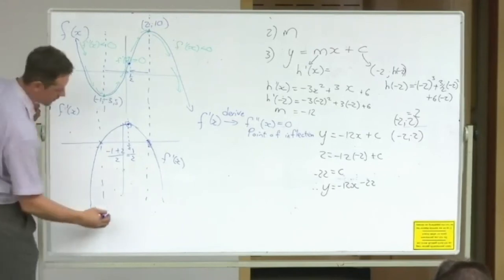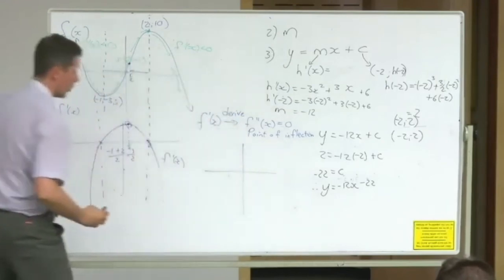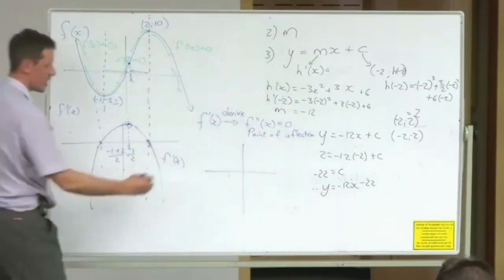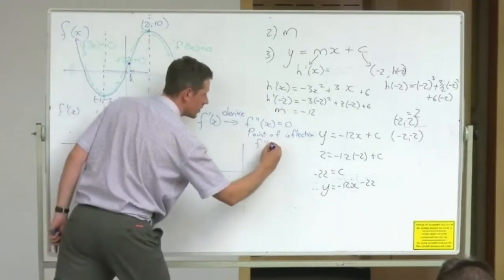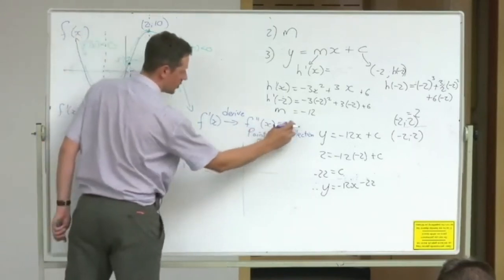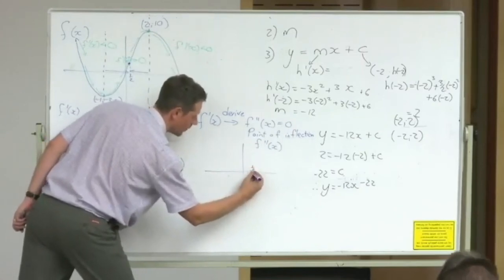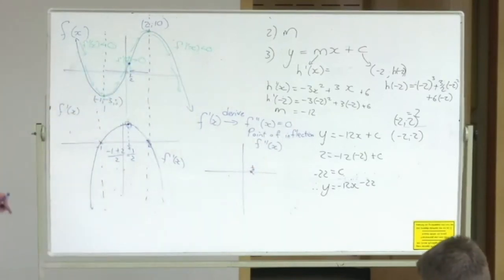So if I have to draw my second order derivative, where's my second order derivative equal to naught? At a half. Now I'm going to make life easy for you by looking at concavity.